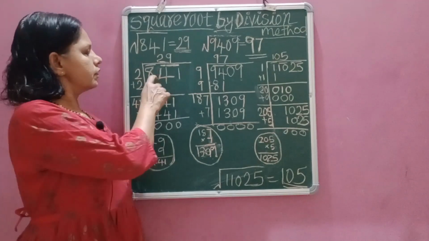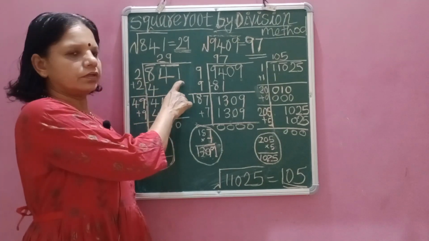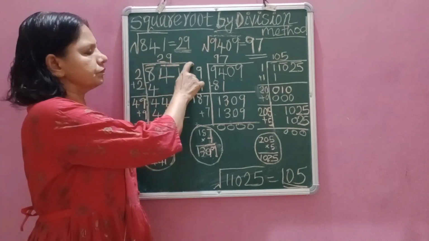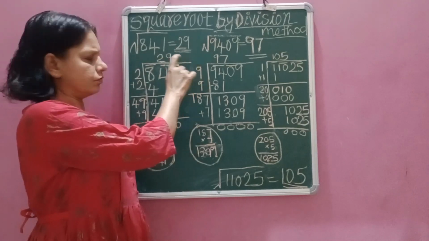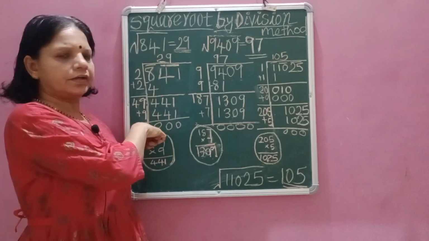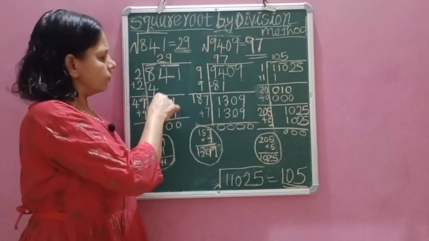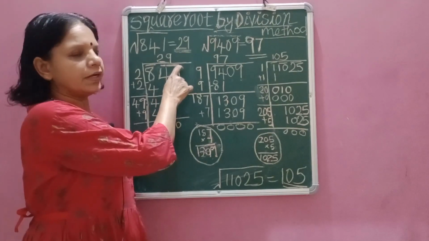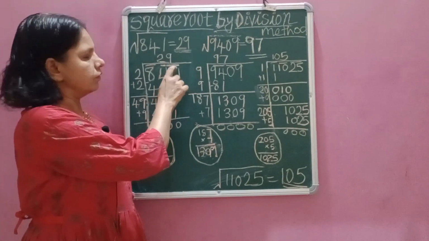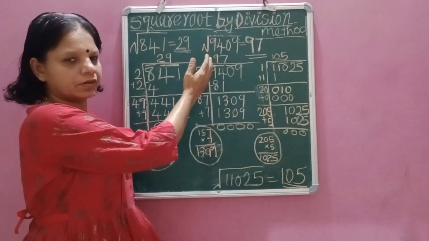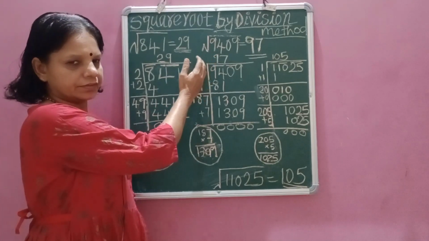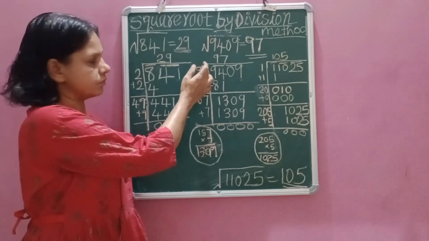So write 841, draw a horizontal line and a vertical line, and first make the pairs. The first pair we have to start from the right side, that is from the units place.